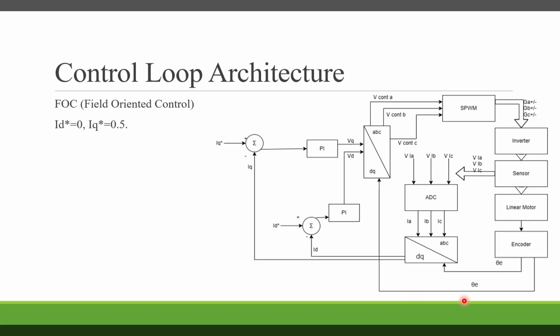From a MATLAB simulation, if there's an angle delay in the inverse Park transformation, the Q and D values will drift away from their intended values. My thought was, how about I implement 2 thetas in this control loop? One is the original, correct theta E. The other is theta E minus 74 degrees.